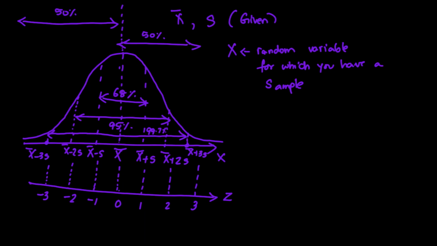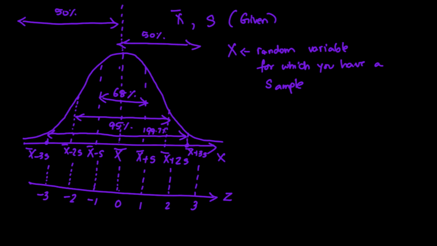Now, since we have probabilities, we can connect these values that we have defined, x bar minus 3s, x bar minus 2s, x bar minus s, x bar plus s, x bar plus 2s, and x bar plus 3s, and we can actually connect each of these points to percentiles.